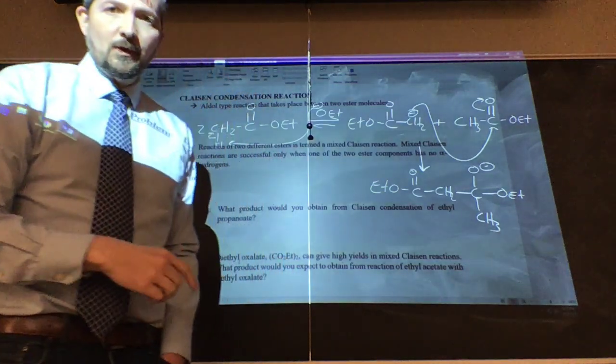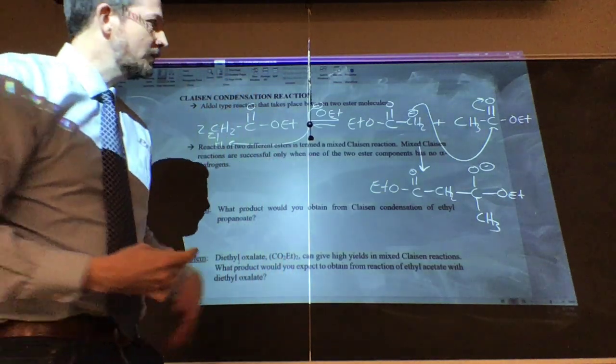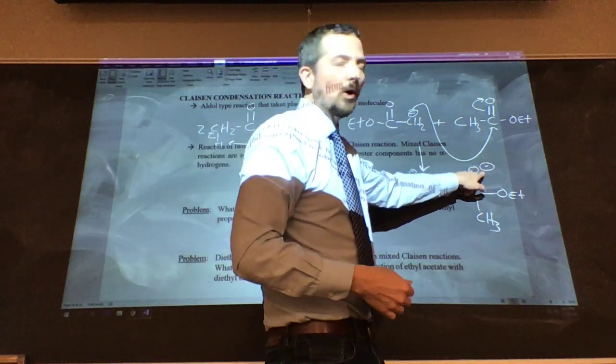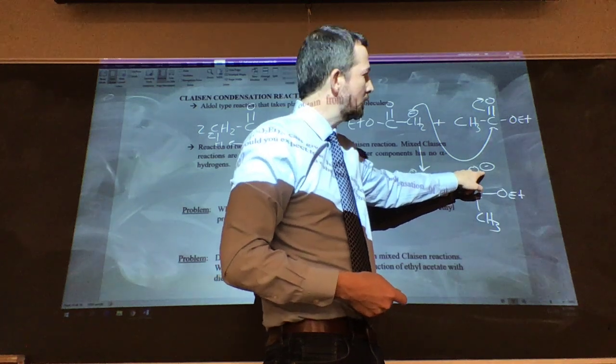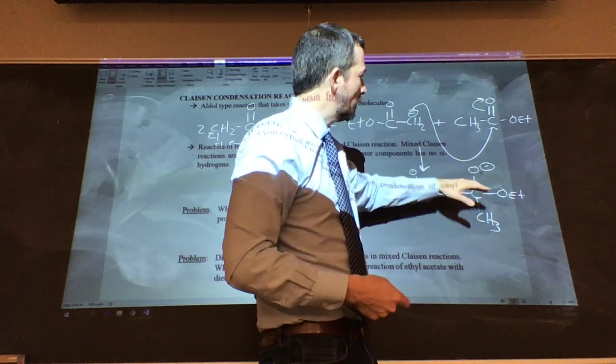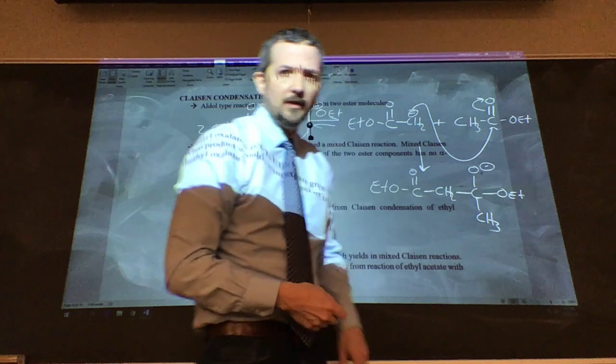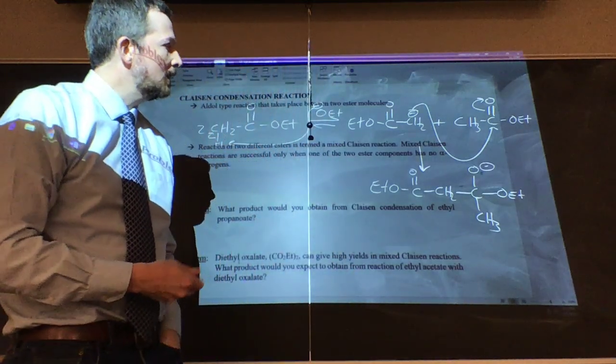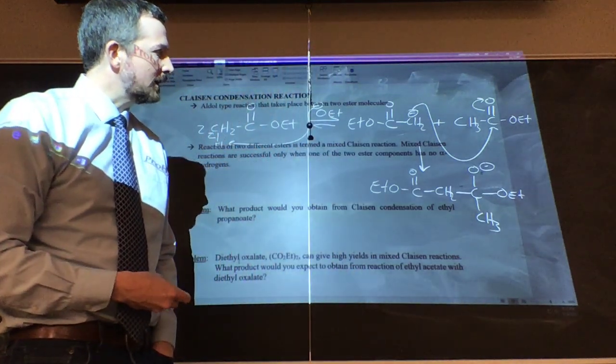At this point, if it was a typical aldol reaction, we'd protonate here and make the OH group, or you could undergo condensation where you form your double bond there, so you end up with your alpha beta unsaturated ketone.